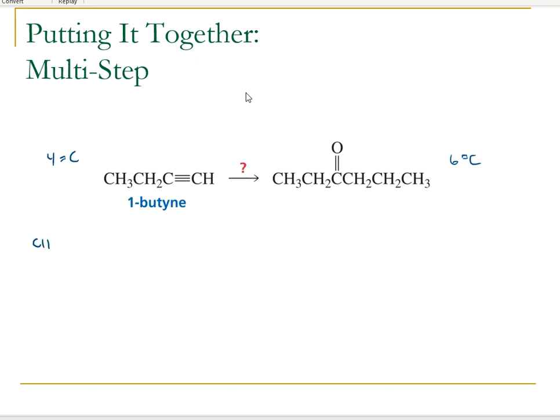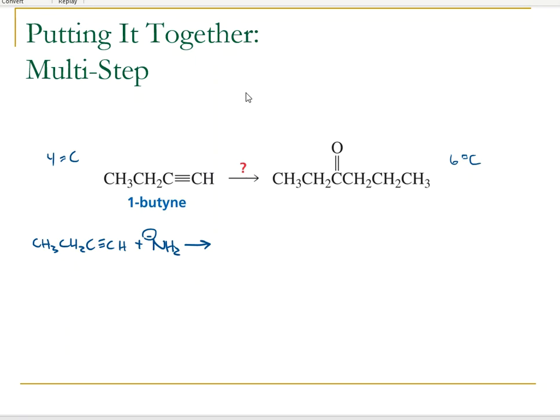Well, I'll take the alkyne that they give me in the problem, and I'm going to amide it. I'm going to put NH2 on it. There we go. When I do that, what I create is an acetylide ion. I take that hydrogen and I rip it off.